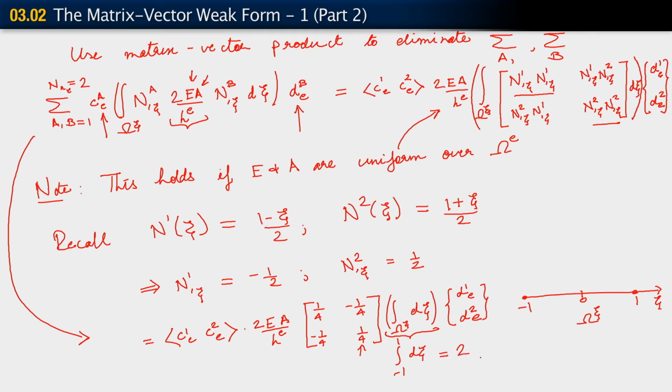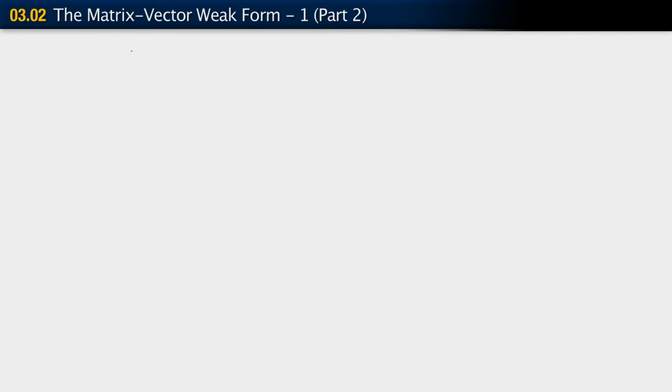Okay, easy enough. So putting all of this together, what we get is, continuing from that previous slide, that integral that we were working with finally turns out to be C1e, C2e.